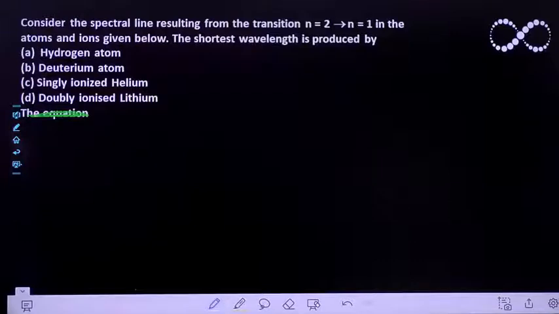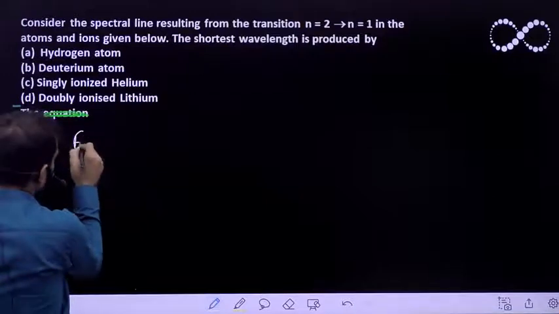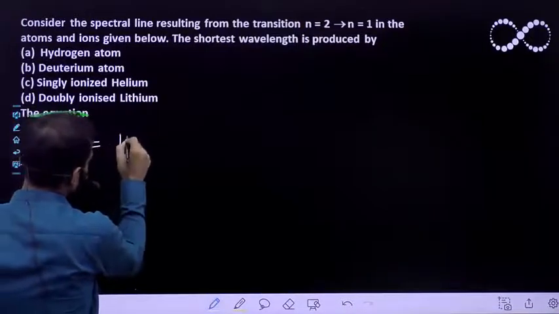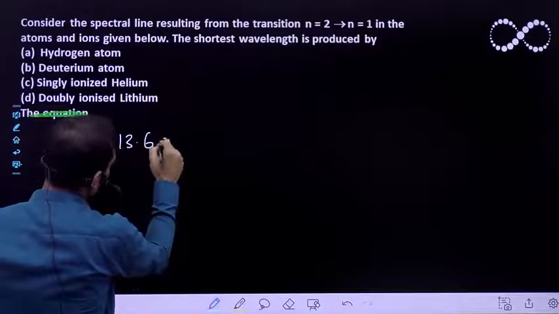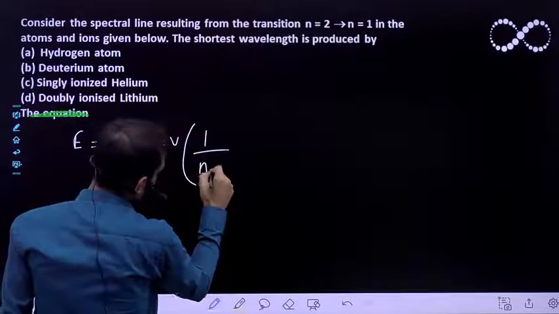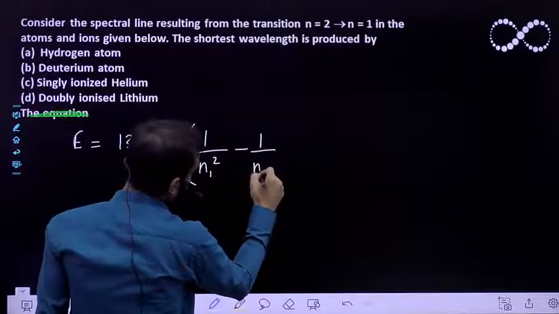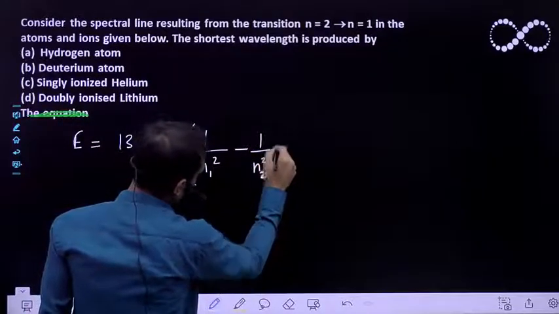As you all know, the formula to find the wavelength in the case of transition of an electron: energy is equal to 13.6 electron volt times (1 upon n1 square minus 1 upon n2 square).